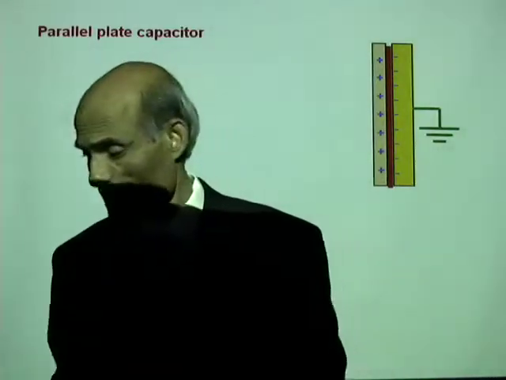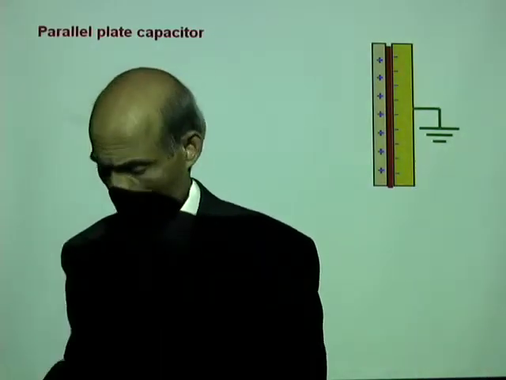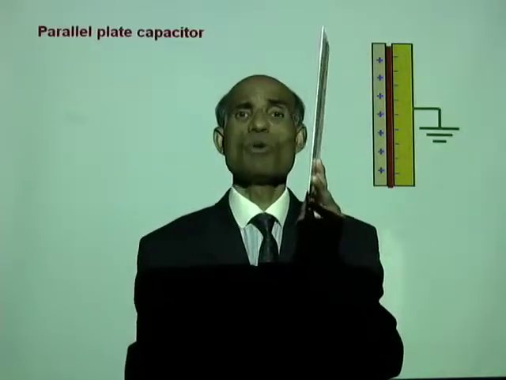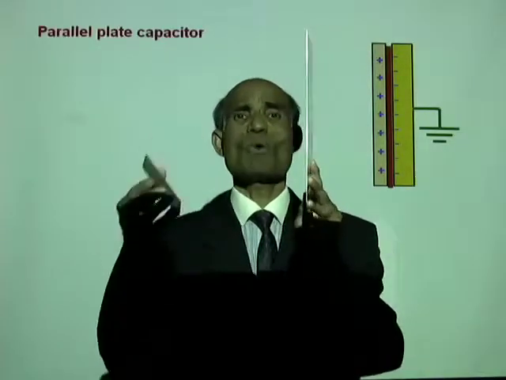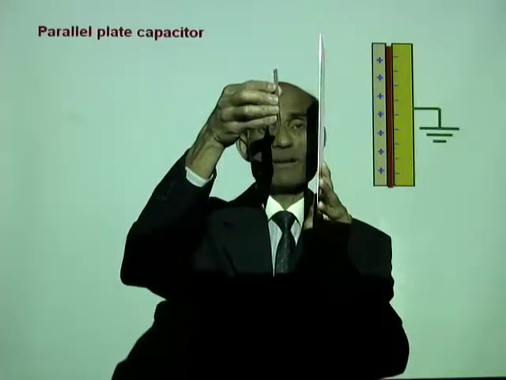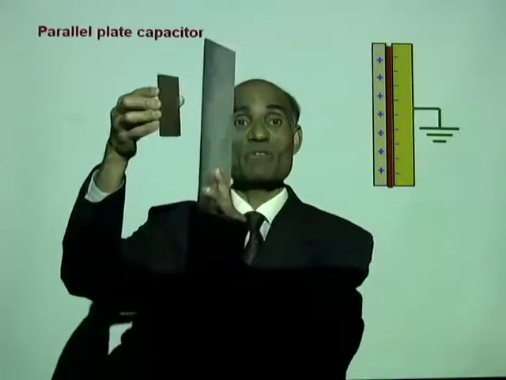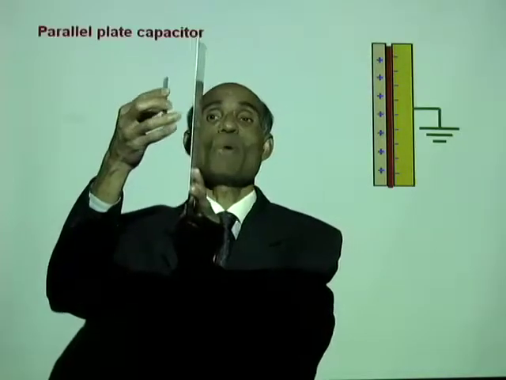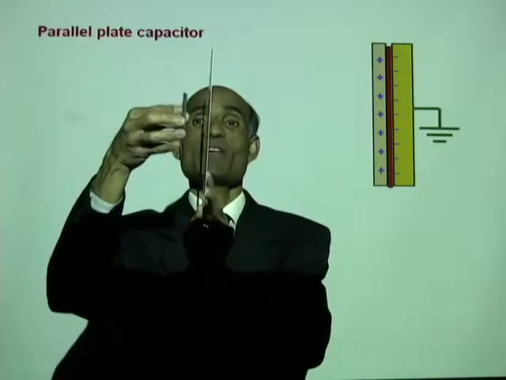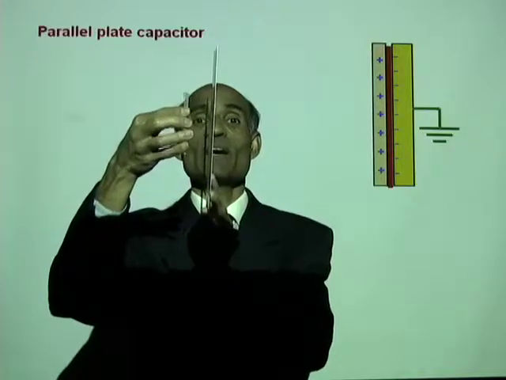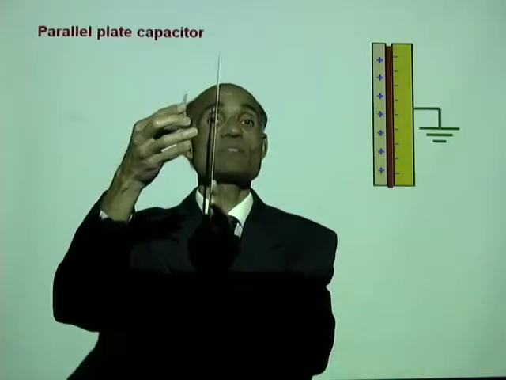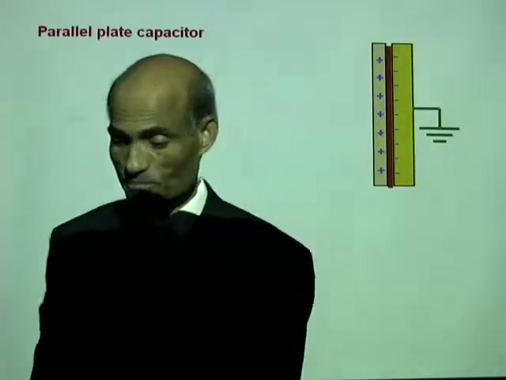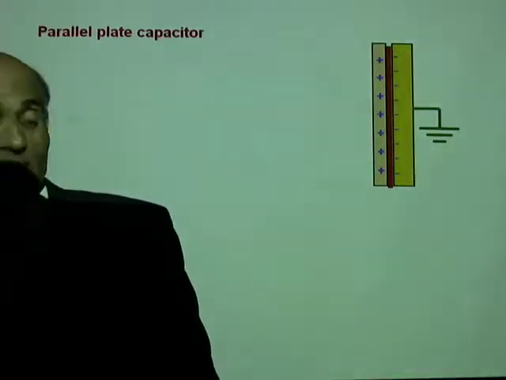In other words, here I have a metal plate, and if I have one more of these, I couldn't find one like this, so I brought a small one. But remember, the plates of a capacitor both will be the same. So if one is charged and the other is grounded and the two are separated by a proper dielectric, we have a parallel plate capacitor.